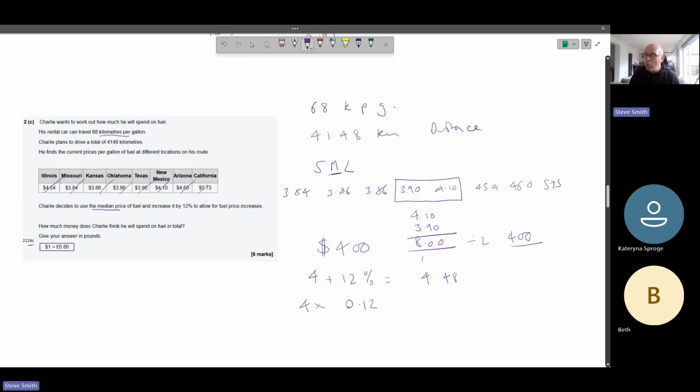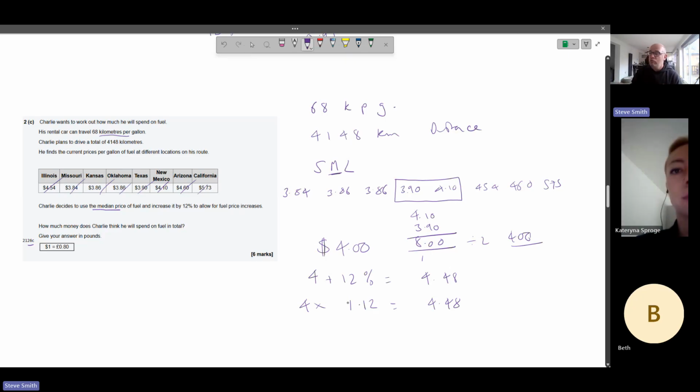If I times it by 1.12, that's going to give me 112%, which is what I need. I need my original value of 4 and another 12%. So times by 1.12 will give me the same as on my calculator. If I times it by 0.12, it'll give me that 48p, and then I add it to my $4, and I've got $4.48.